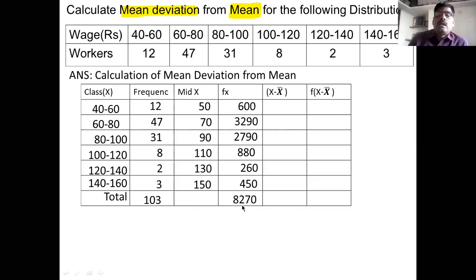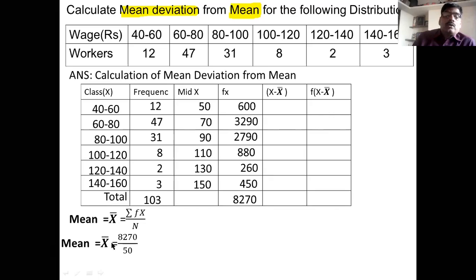Total of this is 8,270. 8,270 is called summation of fx. On the basis of this, you calculate the x bar value. Mean x bar is equal to summation of fx divided by n. N means total number of frequency. Remember this. So x bar is equal to 8,270 divided by 50. Sorry, it is not 50.